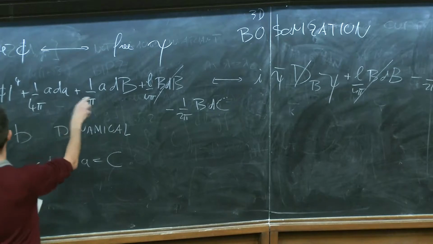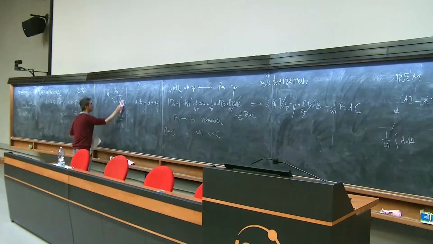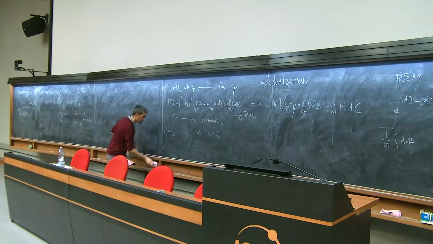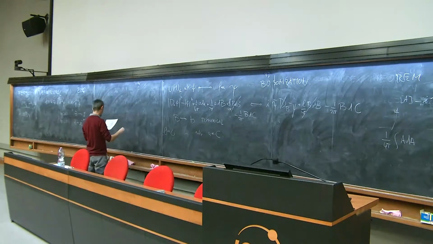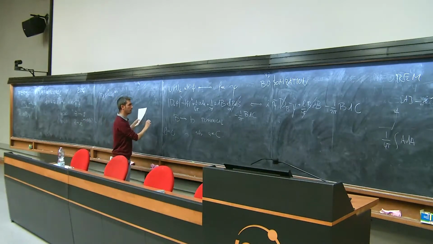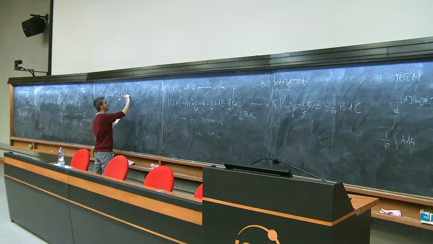And so what we get on this side, let me write it here. On that side we find |Dc phi|^2 minus phi to the 4, plus 1 over 4 pi c dc.